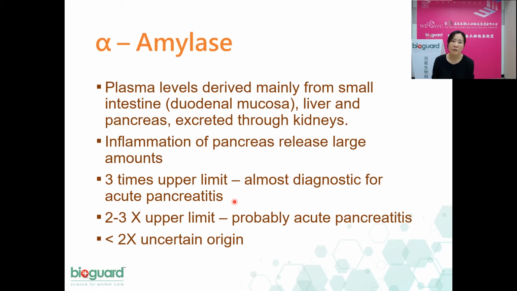But if the elevation is not so high, maybe just around 2 to 3 times or less than 2 times above the normal reference value, we may need to do more investigations or more examinations to help us diagnose what kind of problem we face.